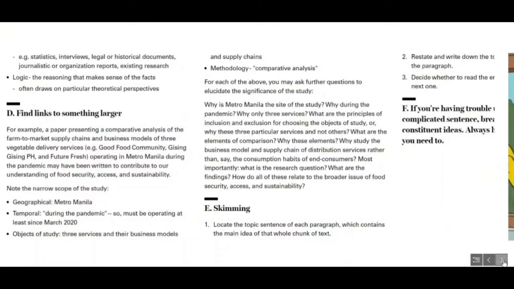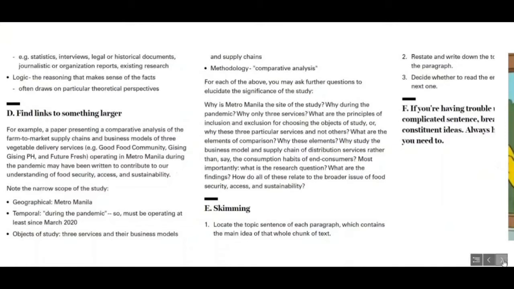the significance of land ownership and the ownership of the means of production as well as the means of distribution, in order to help develop food security, then you will be able to find connections between your own topic, like land reform, and the seemingly disparate topic of the business models of food delivery services.